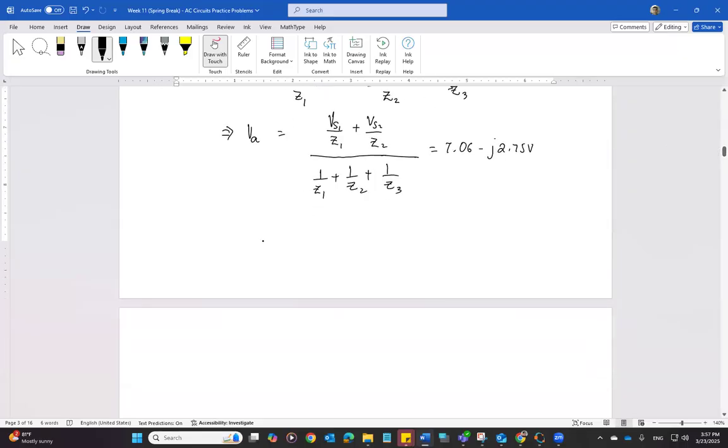My final result, that in this case I'm not gonna convert into time domain, but I'm gonna convert into polar form. But my IC is simply VA over Z3.